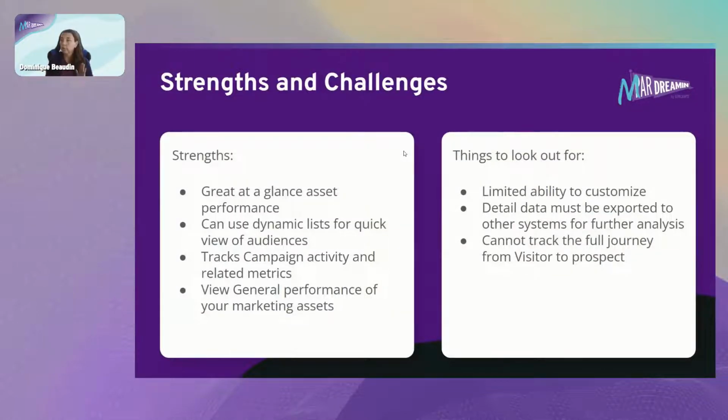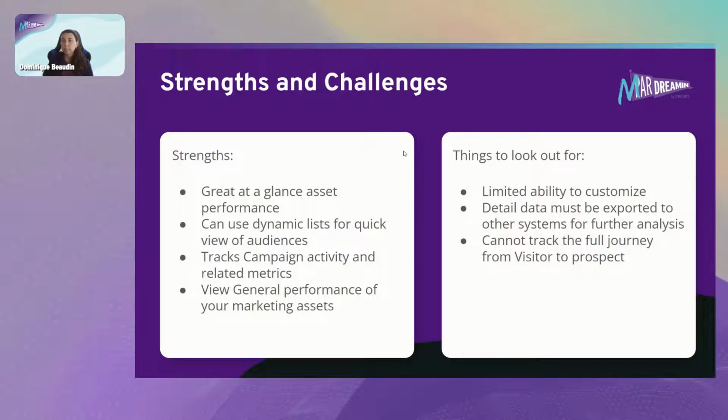So the strengths: great at-a-glance asset performance. You can use your dynamic list for a quick view of audiences, track campaigns and related metrics, and view general performance of your marketing assets. Things to look out for, I like to call them challenges, are that there's a limited ability to customize. It's very purpose-based. You can export things, obviously, and put them in other systems, but your ability to link things together is a little bit more challenging.